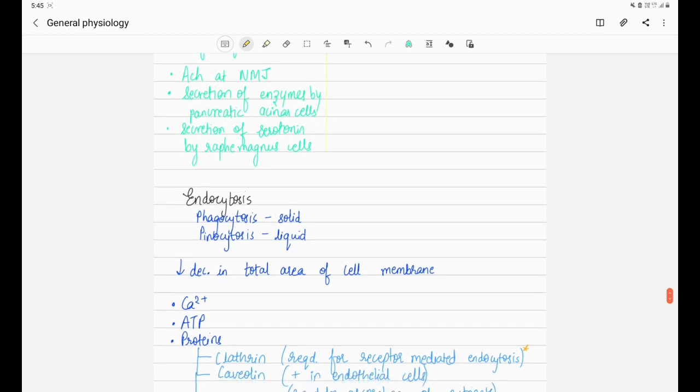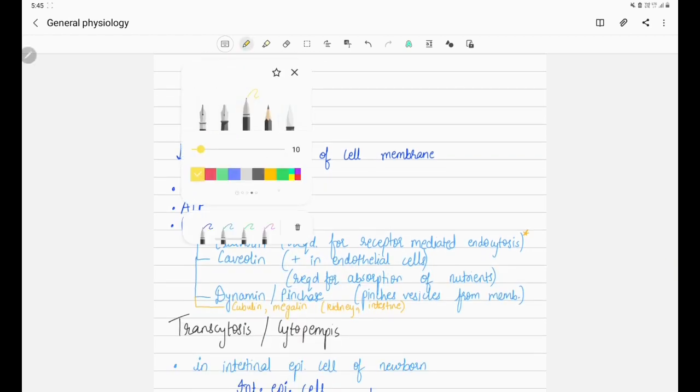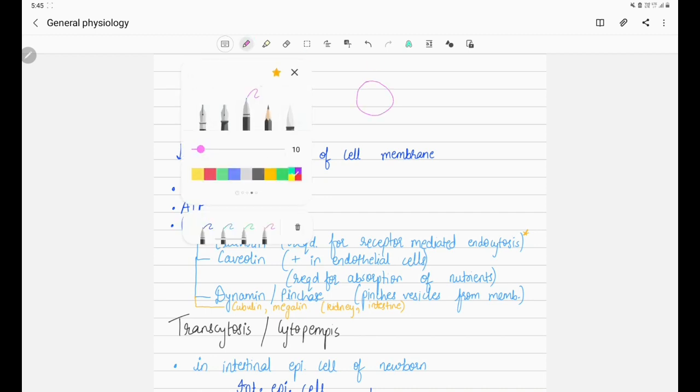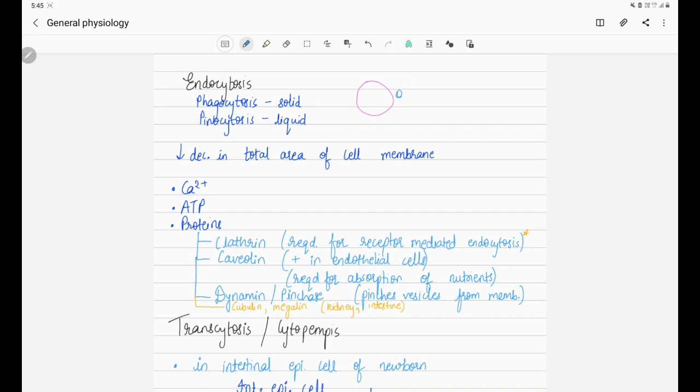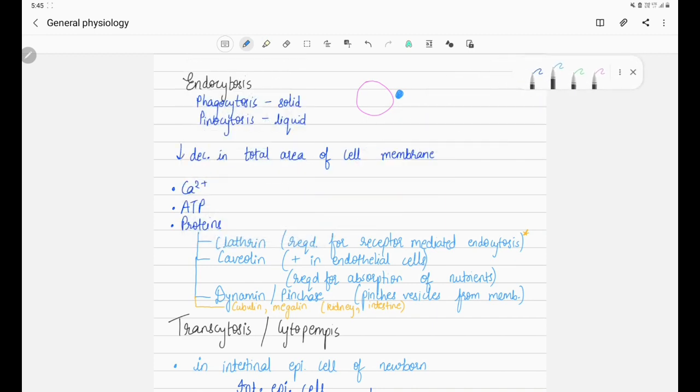Then we move on to endocytosis. Now what happens in endocytosis? Let's say this is your cell and you want to engulf something from here. It has to be engulfed inside, or endocytosed. So how will you do that?